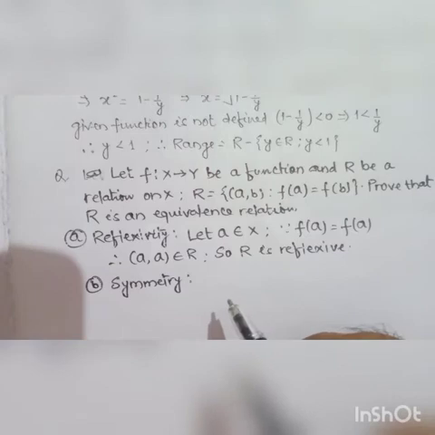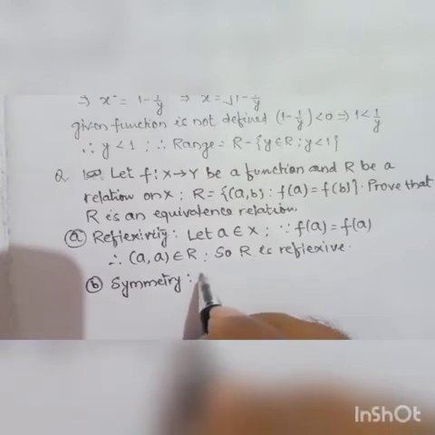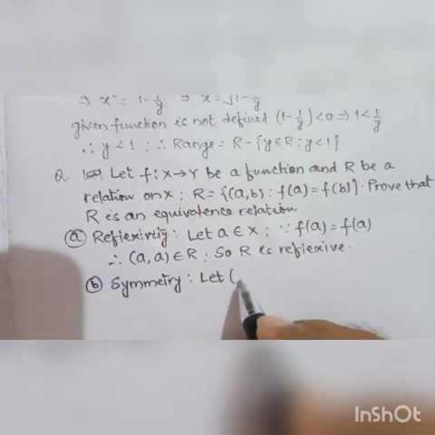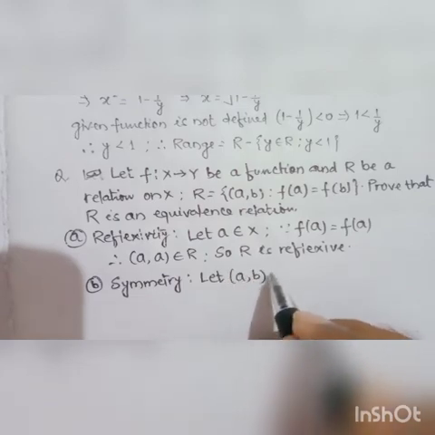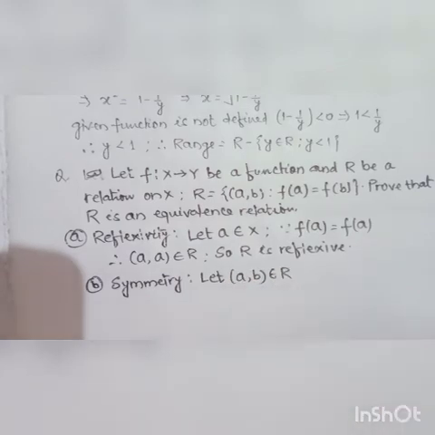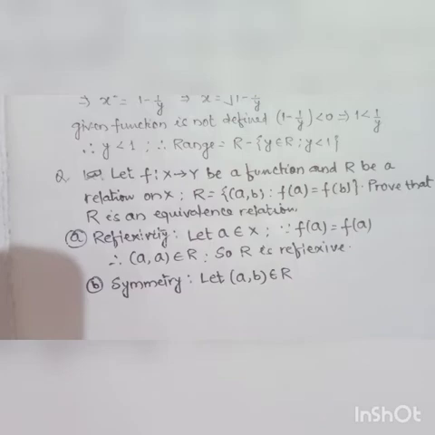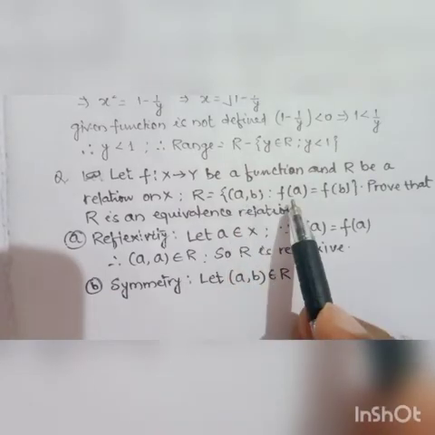Consider two elements, a pair of elements. Let (a, b) belong to R. According to the given condition, (a, b) in R means f(a) is equal to f(b).